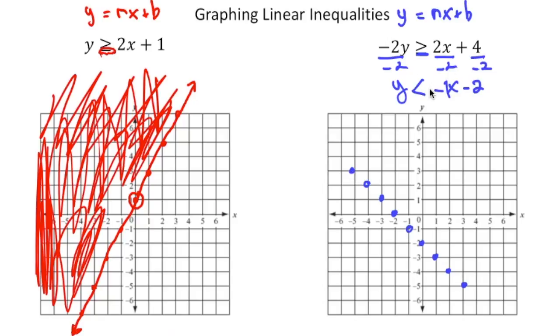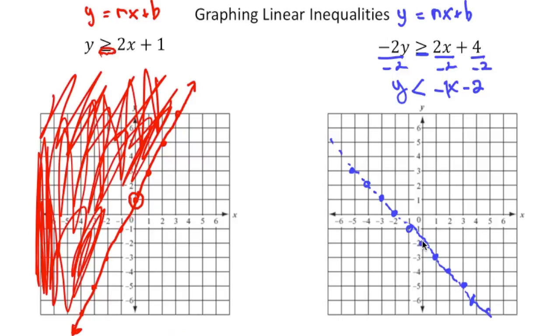All right. Now this time, y has to be less than this, right? So when I connect the dots, this time instead of it being a solid line, we're going to use a dotted line, because y has to be less than that line. Okay? Now this time, y again has to be less than negative 1x minus 2.